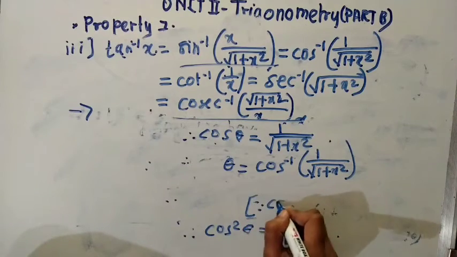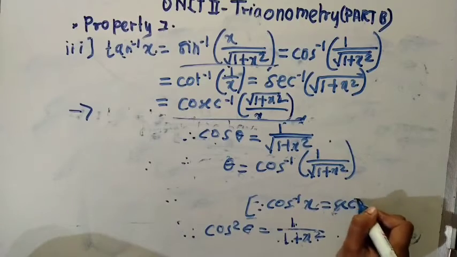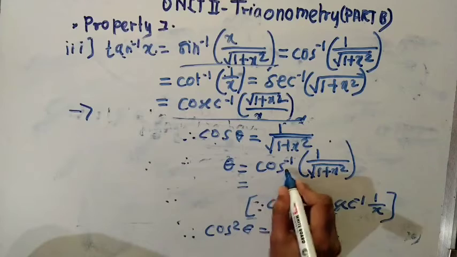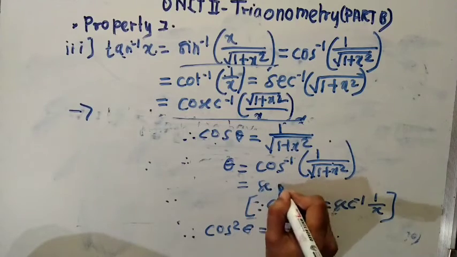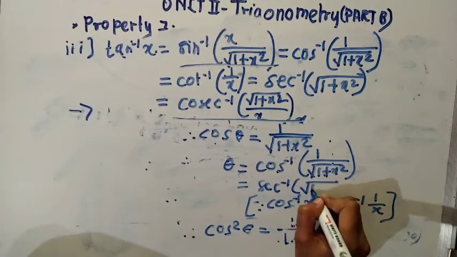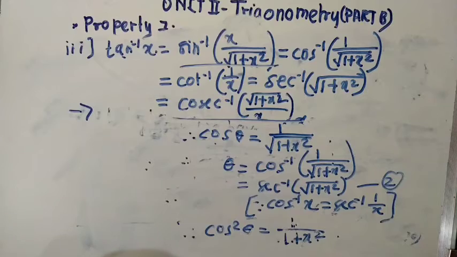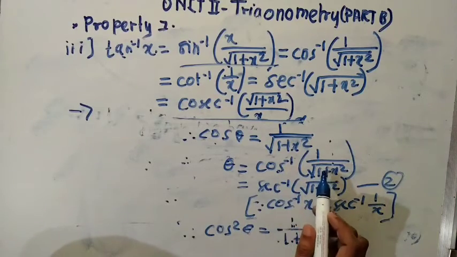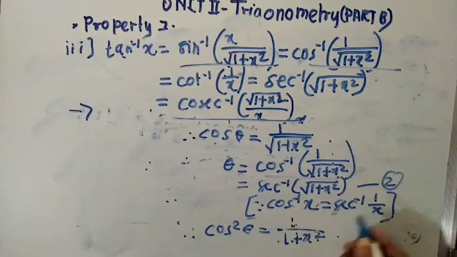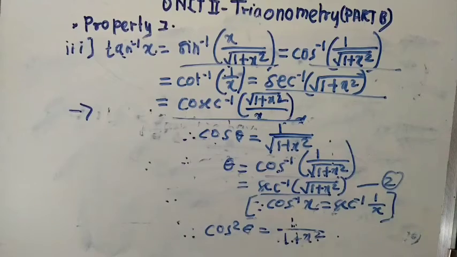But since we know that cos inverse of x is equal to sec inverse of 1 upon x, cos inverse of 1 upon root 1 plus x square is equal to sec inverse of root 1 plus x square. This is the second equation, and this is proved. Then sec inverse of this.